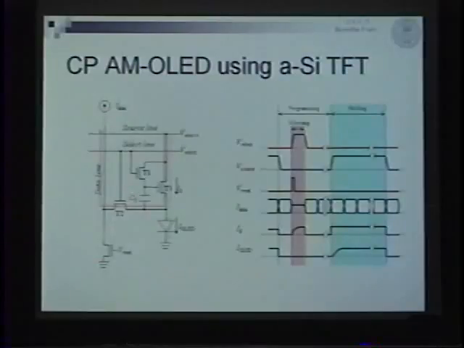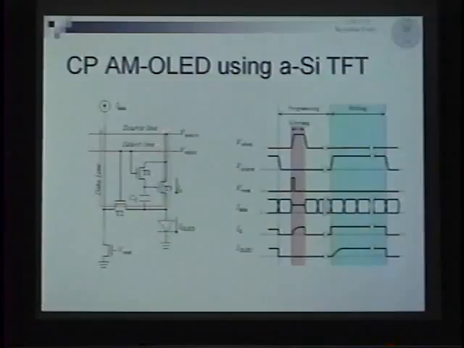The reason we can decrease the number of TFTs is due to swinging the source line voltage. During the voltage programming time, we lowered this voltage, so there is no current flow through the OLED during the program time.